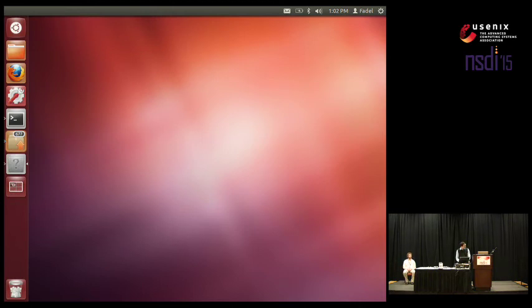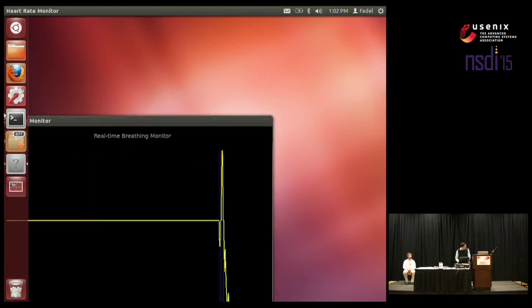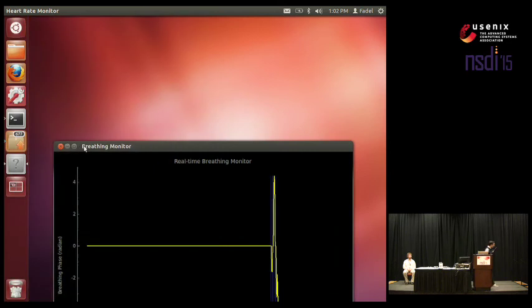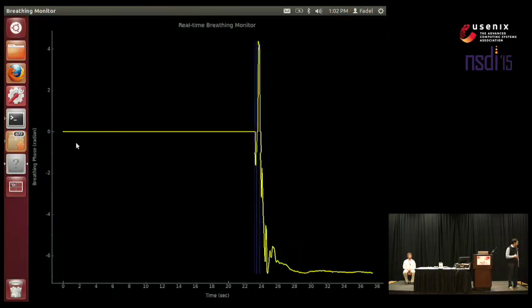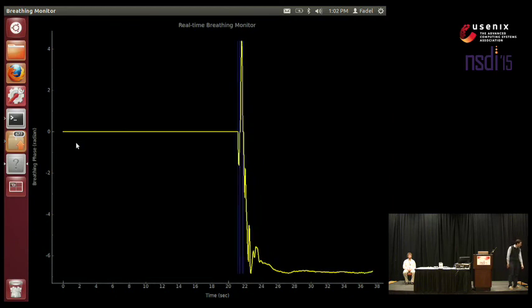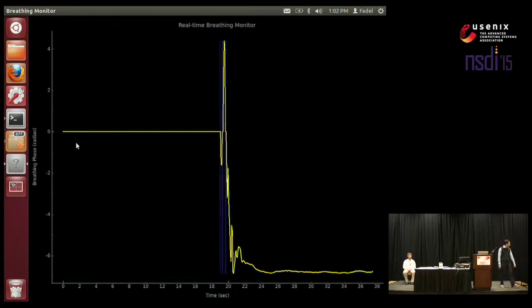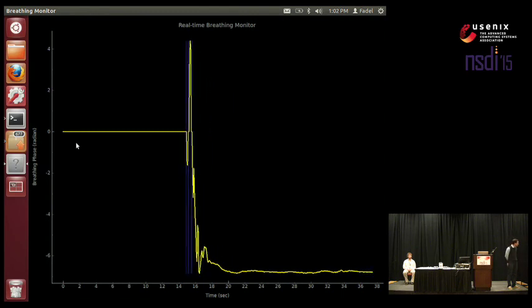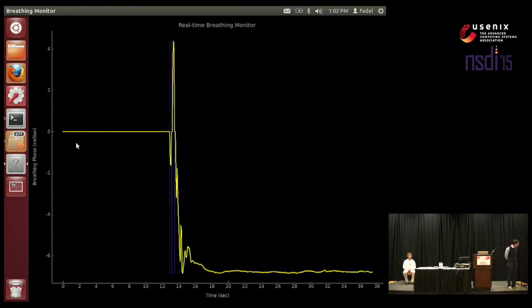Okay. Now let me show this to you. And I need more force to do this. Okay. So over here, he moved a bit at the beginning, so we were unable to get his breathing, but once the window shrinks again, we will be able to see that we are able to capture his breathing.